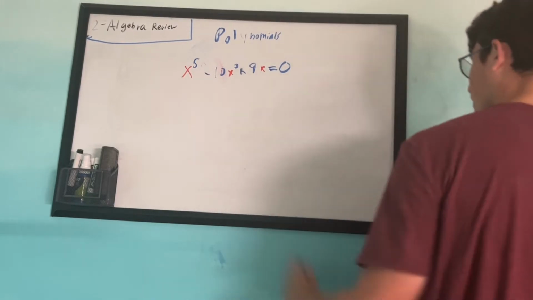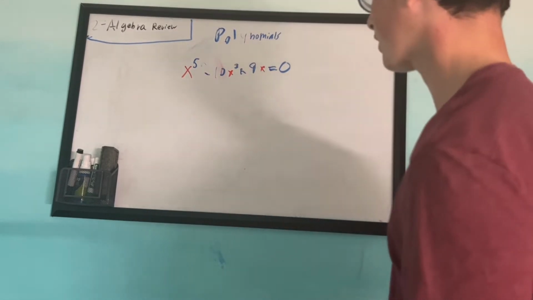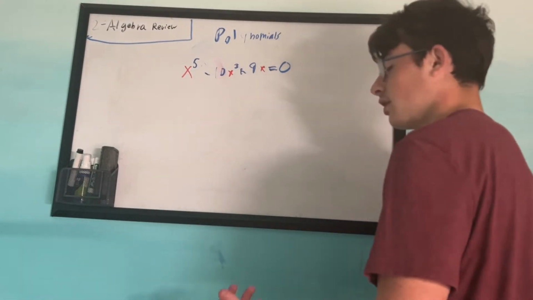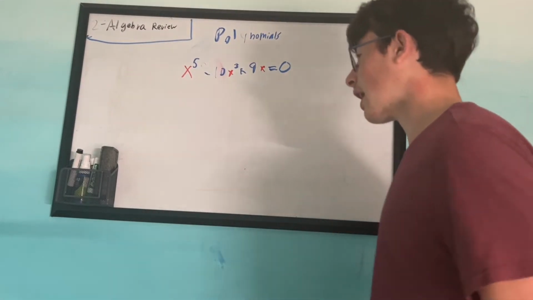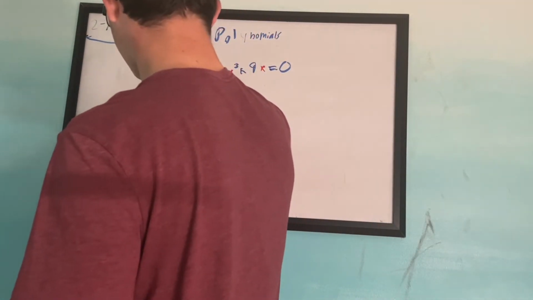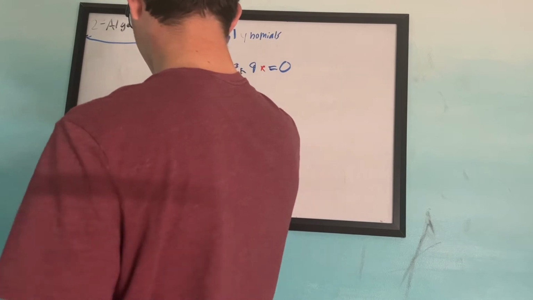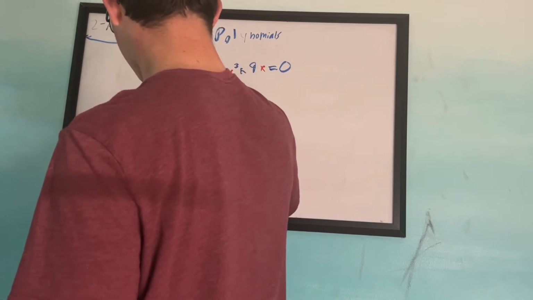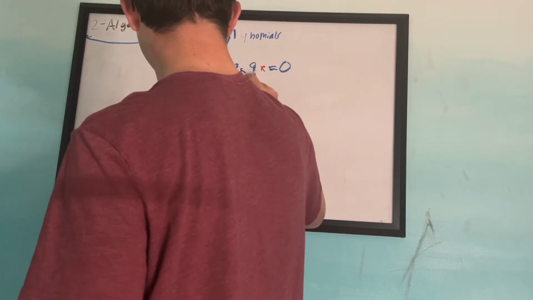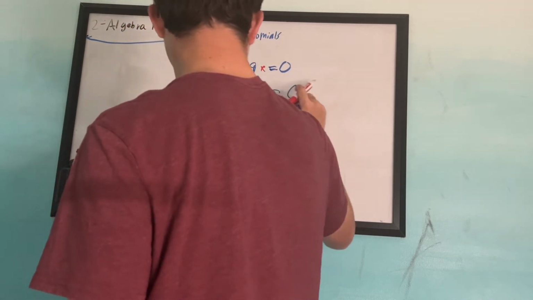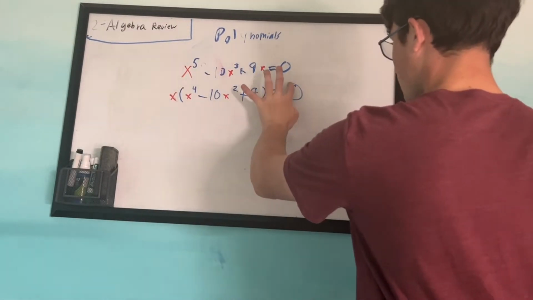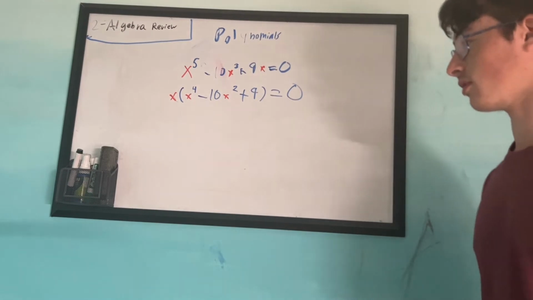And so you're looking at this like those exponents are too big for any method we've used so far, and you would be correct about that because even after we factor out x, we would still be left with x to the 4th minus 10x squared plus 9 equals 0. But one really clever trick that we can use is substitution.